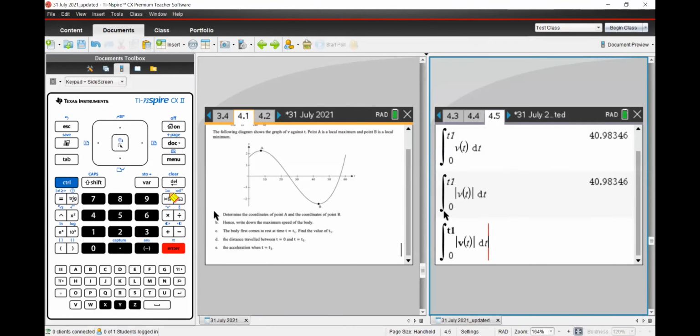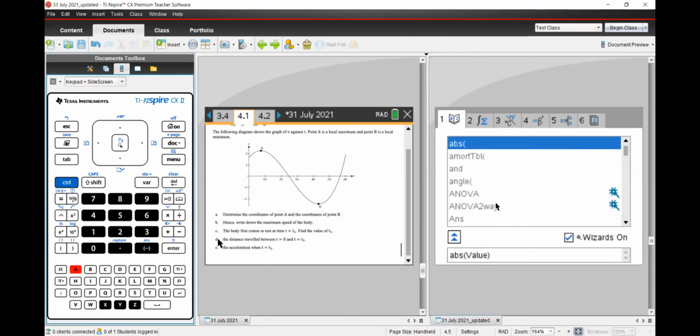Jalaj said that rather than using the template, you can even write A, B, S for absolute. As soon as I write A, it's italic, B italic, and as soon as I press S, it comes in normal font. That means there is a function called ABS inside this calculator somewhere. You won't find ABS in the menu, but you can get it in the catalog.